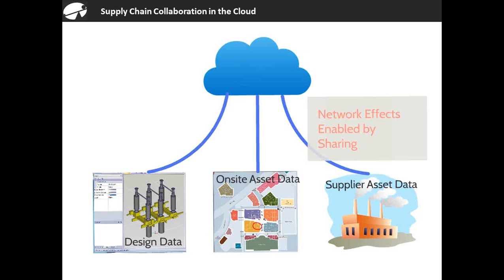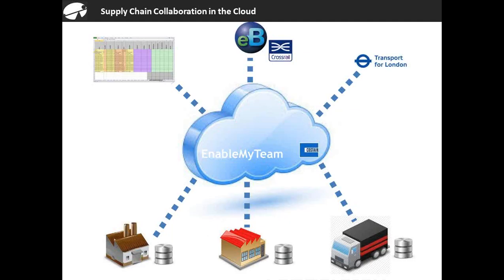And next slide, Stuart. So think of this as a very high-level view of Enable My Team as it's being used on Crossrail projects. We've integrated with the BIM system from Bentley at Crossrail. We've integrated with supplier systems.